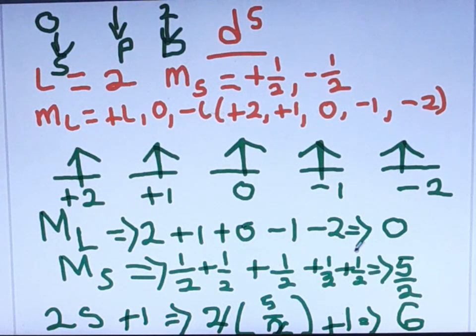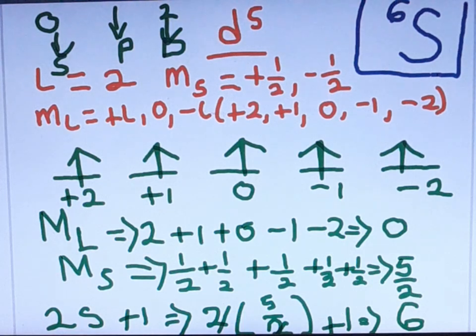Since we have the total orbital quantum number to be 0, our term is an S term. So an S. And the spin multiplicity is 6. So we have 6 here. So the ground state term for a d5 atomic orbital is 6S.